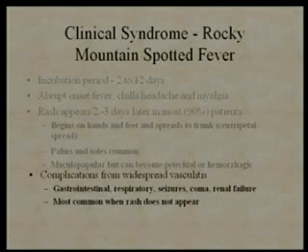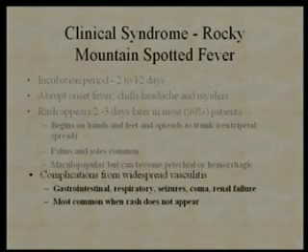Okay, but again, the rash isn't the problem. The complications come from the fact that there's widespread vasculitis and the destruction of the vasculature. And so there are all sorts of other complications. There can be gastrointestinal problems. There can be respiratory problems, seizures, coma, renal failure.